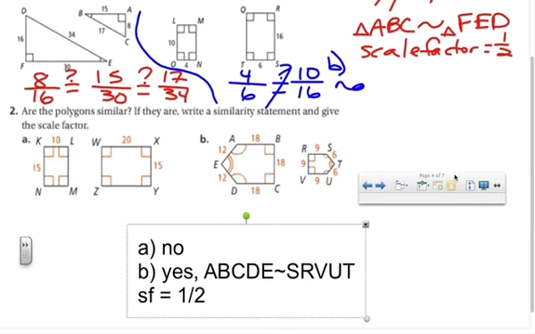Okay? Make sure also that you are naming things in order of their corresponding parts. Your answer for the similarity statement doesn't have to be in the exact same order, but you want A in the same place as S, B in the same place as R, C in the same place as B, if you get what I'm saying.